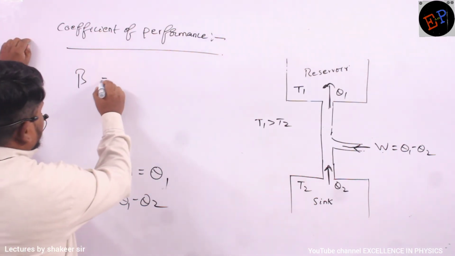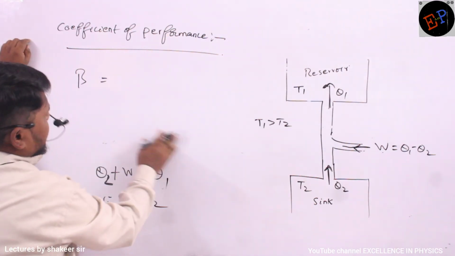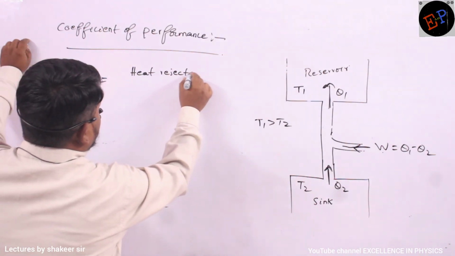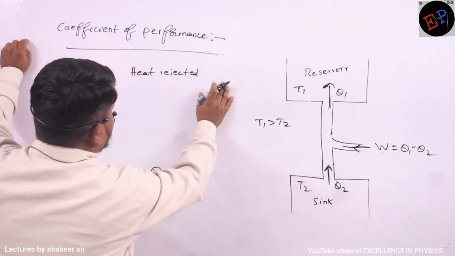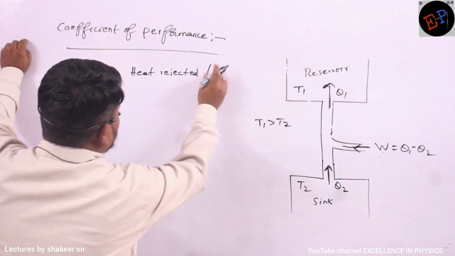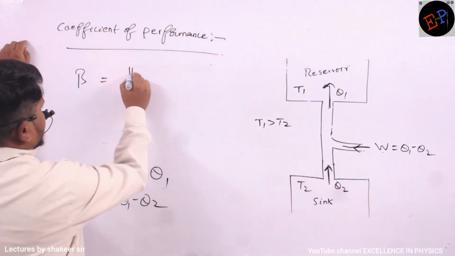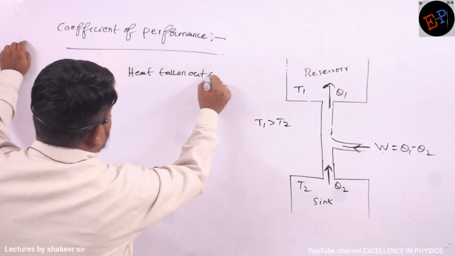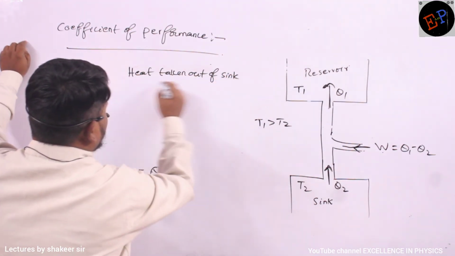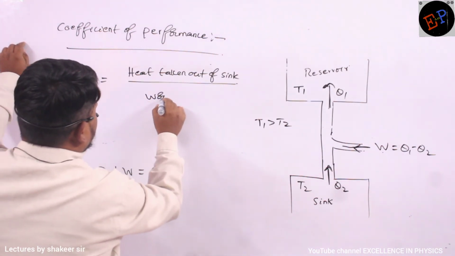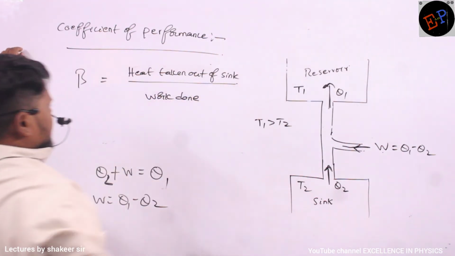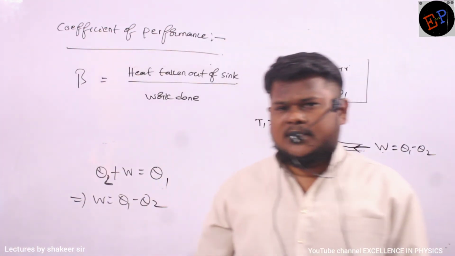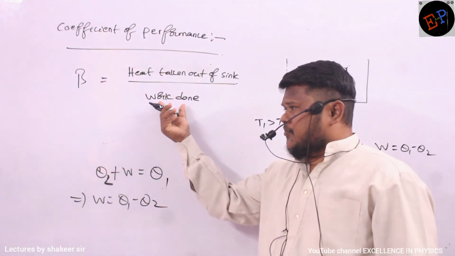So beta is nothing but, no, not heat rejected. Heat taken out of sink per amount of work done. Okay, ma? So this ratio is called coefficient of performance beta. It means this is the amount of work which you are doing, no?